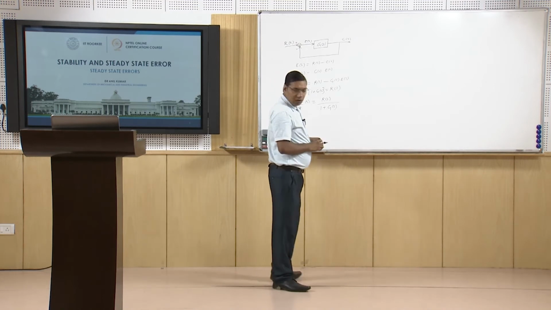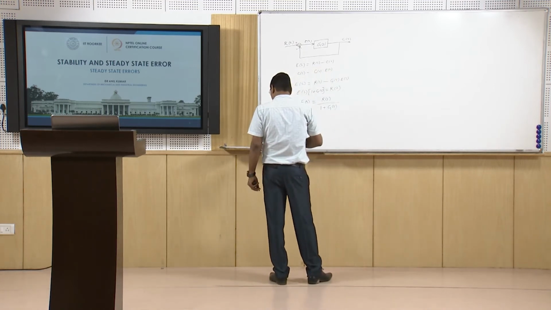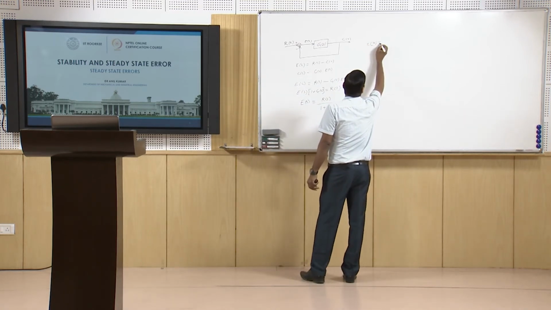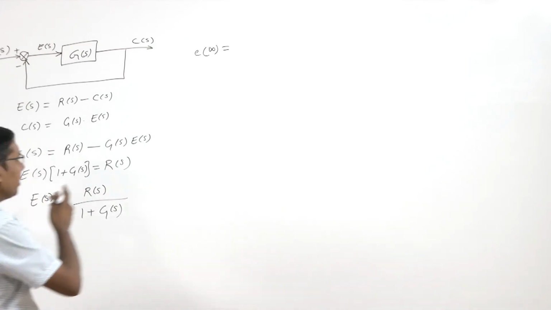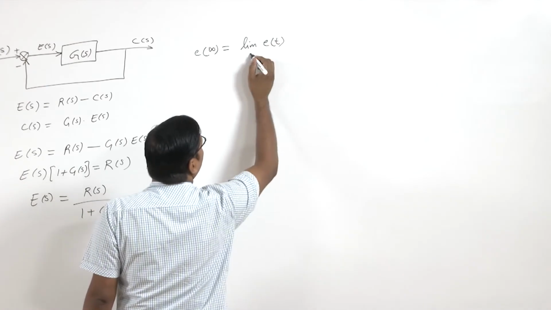So the final value of the error, E infinite equal to limit e(t) when t tends to infinite.